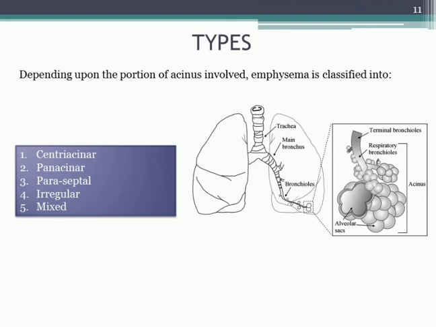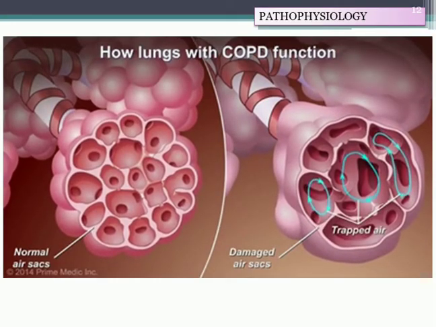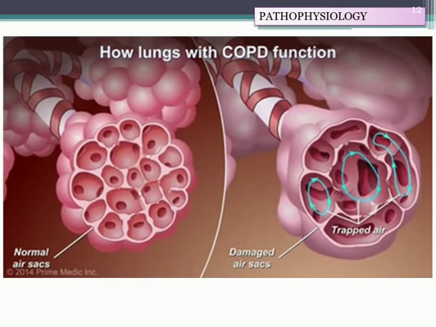Depending upon the portion of the acinus involved, emphysema is classified into centriacinar, where the inflammation is occurring in the center of an acinus; panacinar, meaning fully, where the emphysema affects the full acinus, throughout the acinus; paraseptal, irregular and mixed.